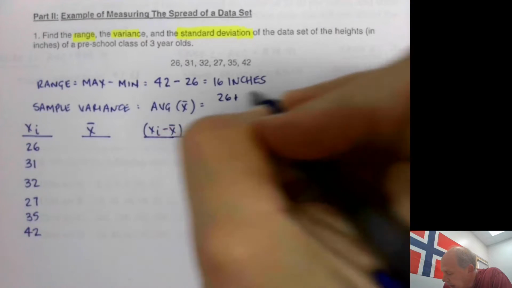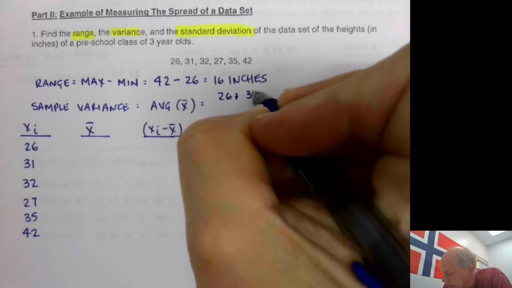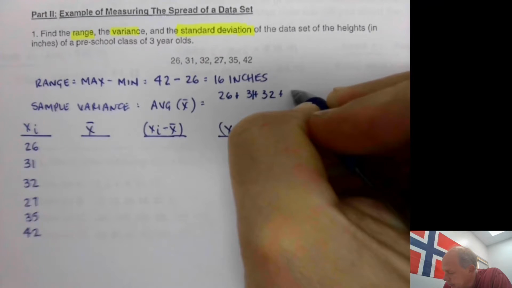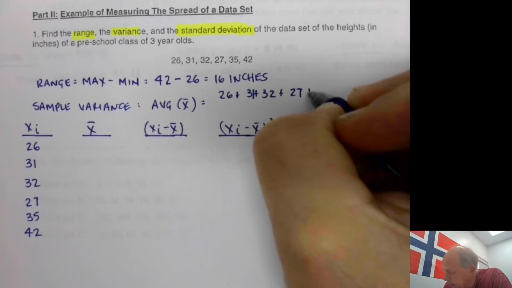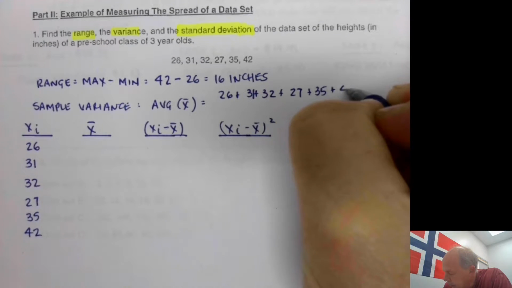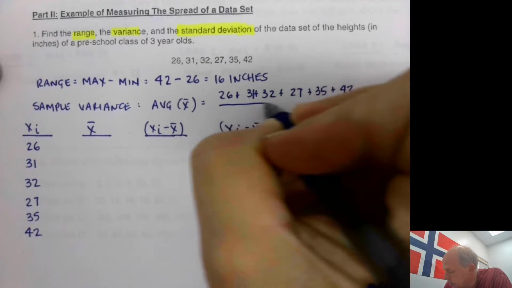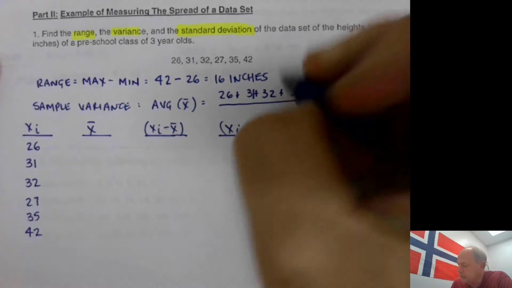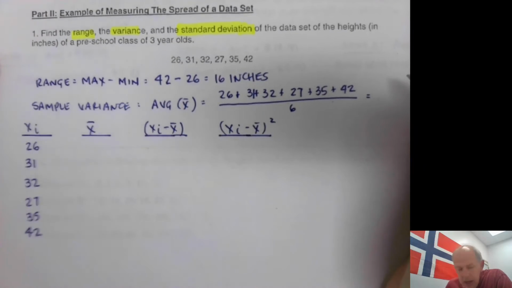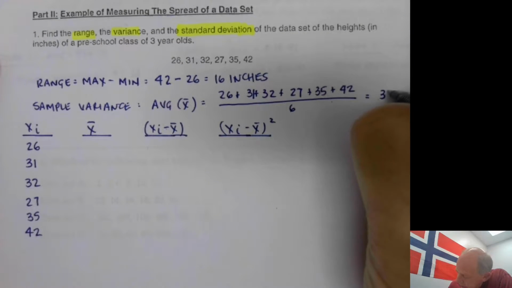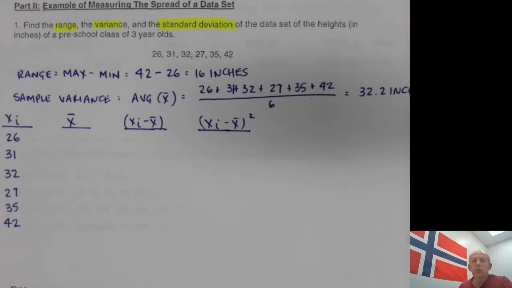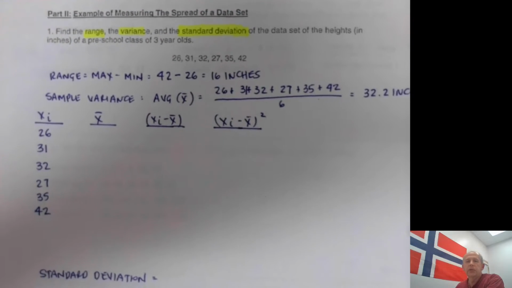The average height of this class is 26 plus 31 plus 32, 27 plus 35 plus 42, divided by the number of children, 1, 2, 3, 4, 5, 6. The average height of the class is 32.2 inches. There's what we have for our average.